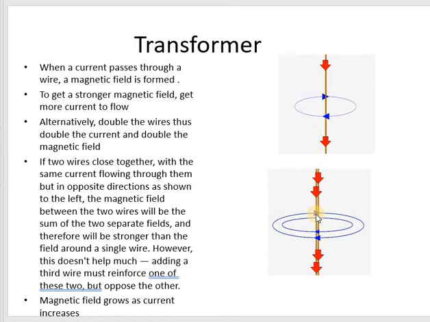This is called mutual induction. Mutual induction is the process by which a coil of wire magnetically induces a voltage into another coil that is close in proximity.